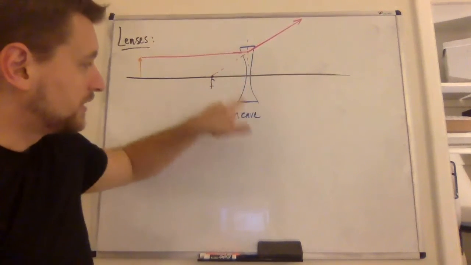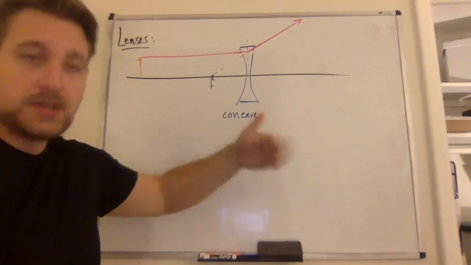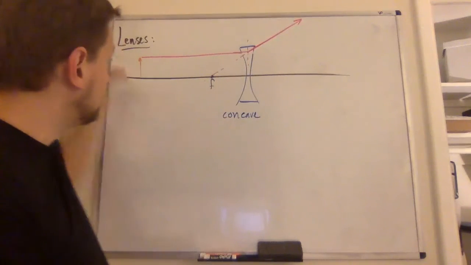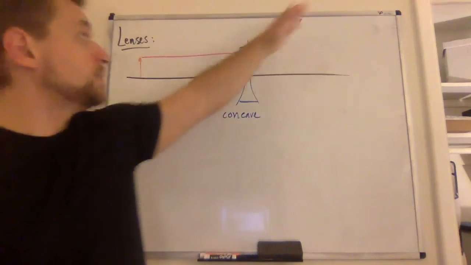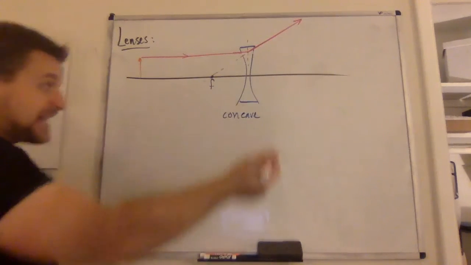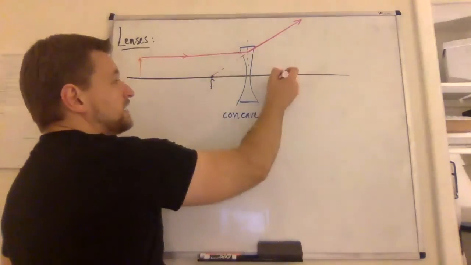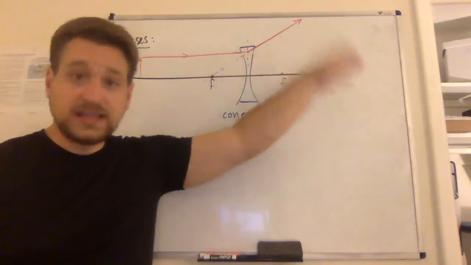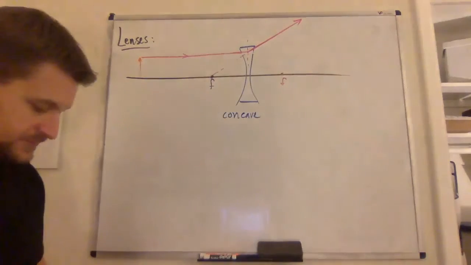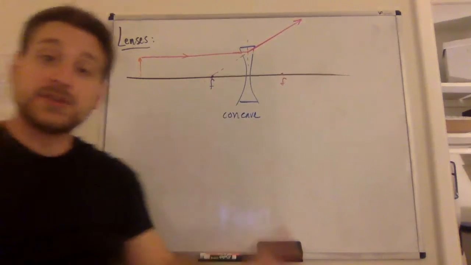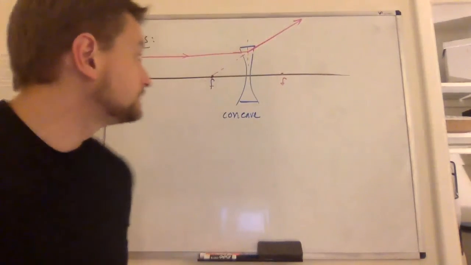Except for a concave mirror, the focal length was on the mirror side of the lens. We expect the light to come in and keep going. We just expect it to bend. I expect a focal length over here because I expect the light to make it through the lens. For a concave or diverging lens, it doesn't do that.